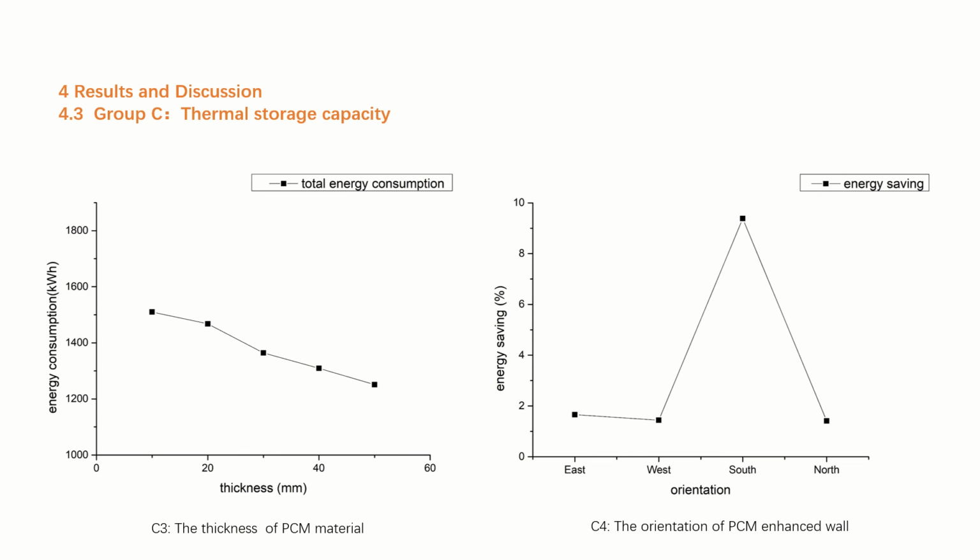As the left picture shows, energy consumption decreases with increased thickness of PCM layer, but its increase of energy saving reaches the climax when the thickness changes to 30 millimeters from 20 millimeters. The right figure reveals the diverse rates of energy saving in different orientations, and it's obviously efficient to add PCM to the south wall.